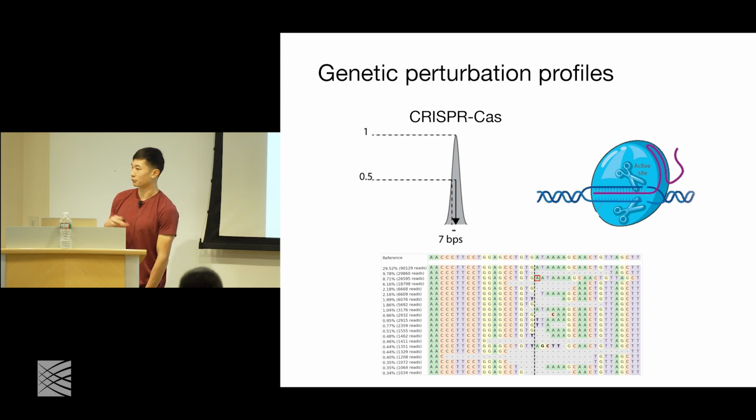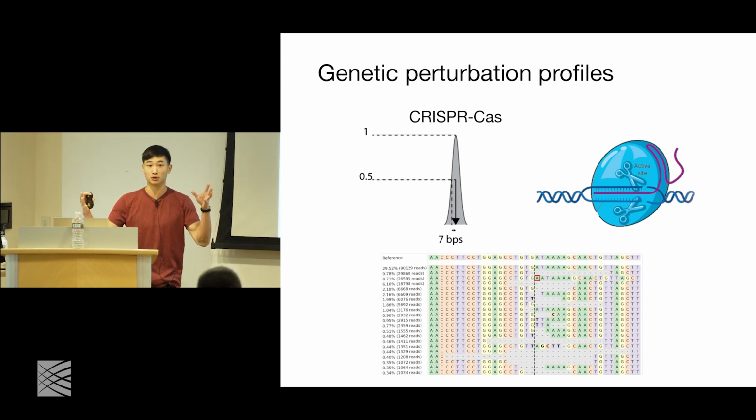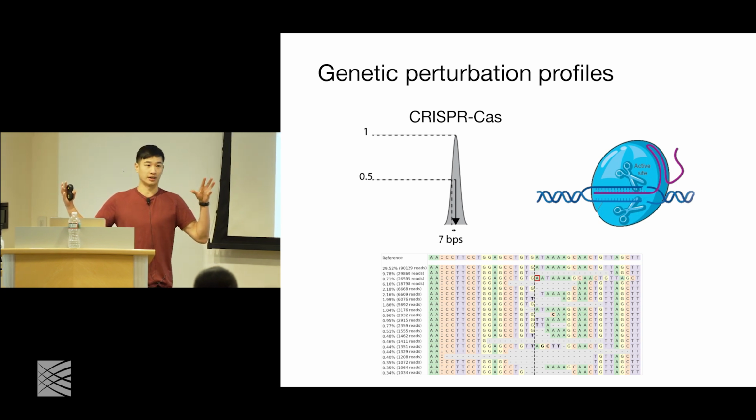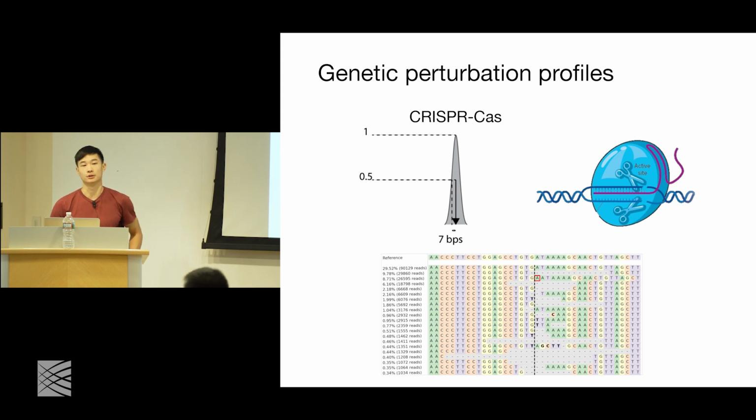You can imagine if we're able to predict the different frequencies of edits that come from guides individually, we can encode that later on in our framework. But for now, because the edits are unobserved, we simply take the wealth of genetic editing data and aggregate it to build a blurred perturbation profile for all the guides from the population.